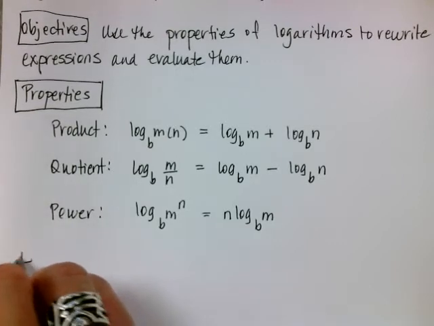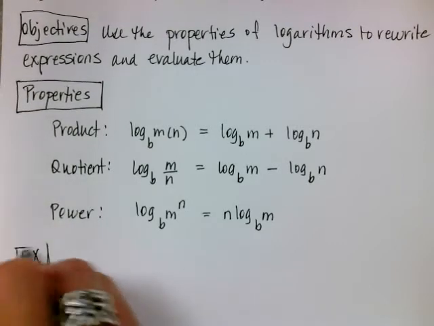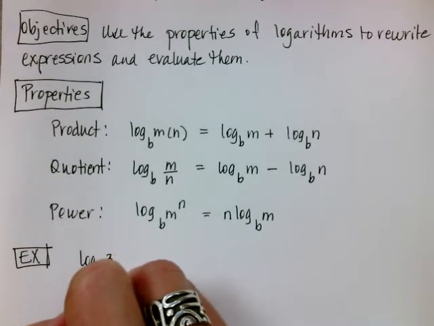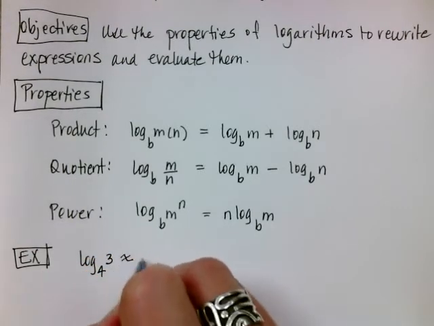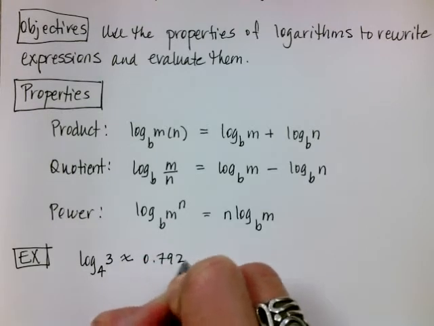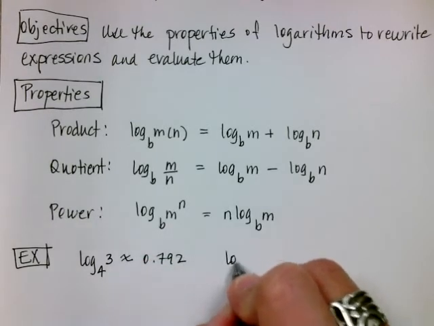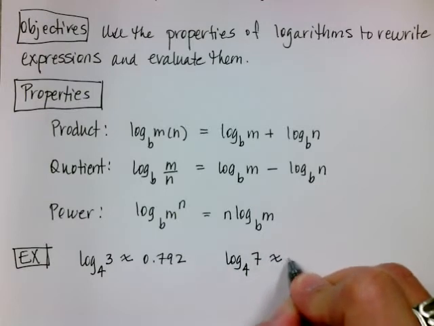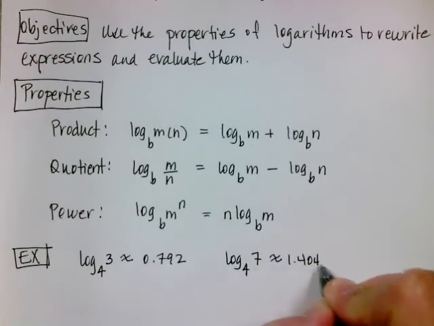All right, so let's do our first example. We're going to be given that the log base 4 of 3 is about 0.792, and we're going to be given that the log base 4 of 7 is approximately equal to 1.404.